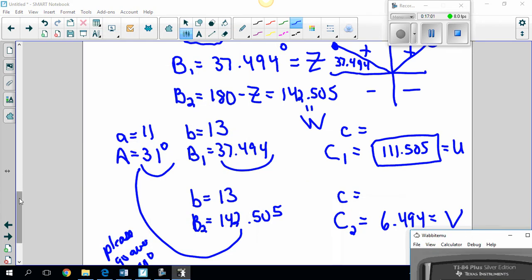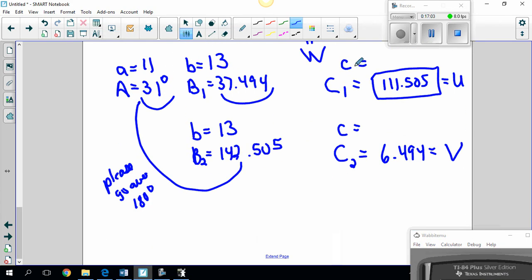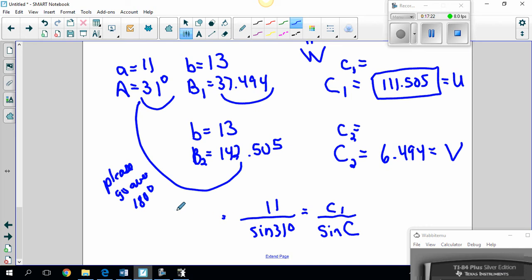Now the only thing left is, well, little c1 now and little c sub 2, because the c's are going to be different. You want a side finder, so you take your pair, put your side on your top. C1 over sine C1 and C2 over sine C2. And you just cross this up, cross this up.